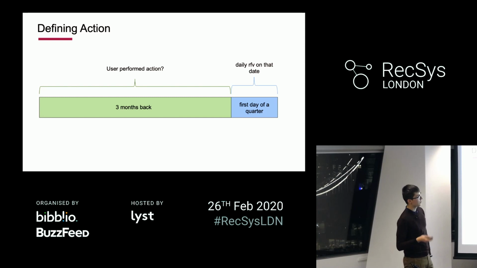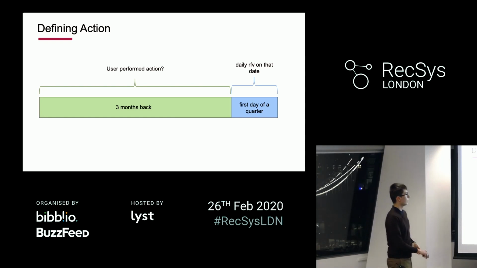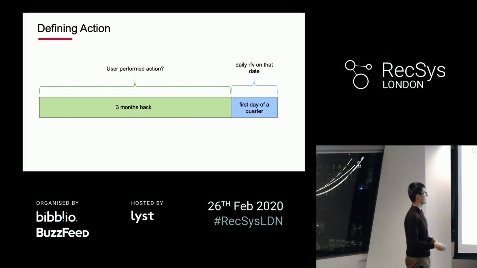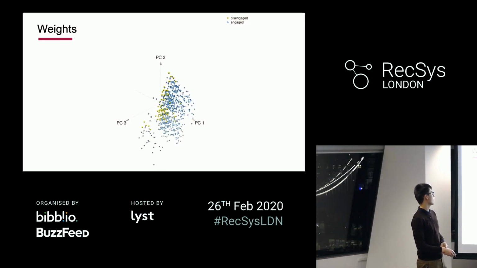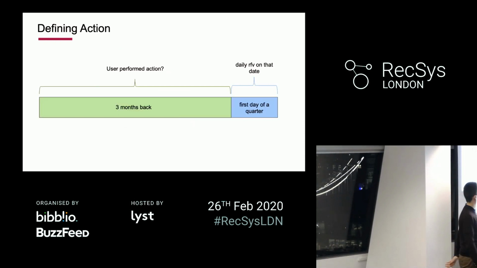The way we define an action is that we look at the behavior of the users in the past 3 months, and if the user performed a given action, we flag this action as true, and if the user didn't perform it, we flag it as false, and then we pass it to our action likelihood model and action value model.